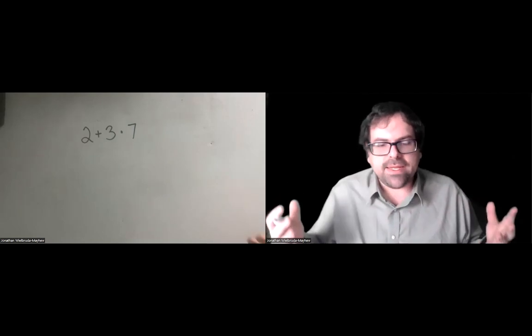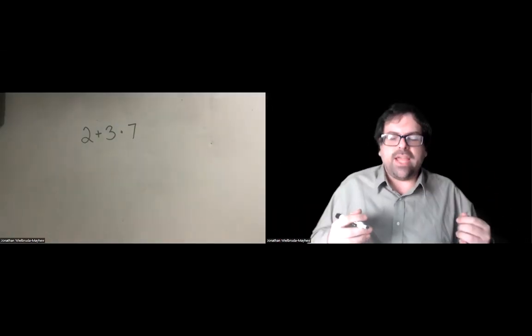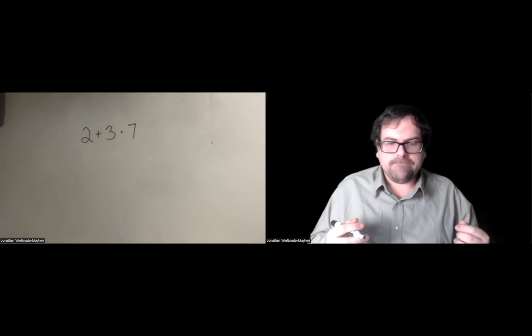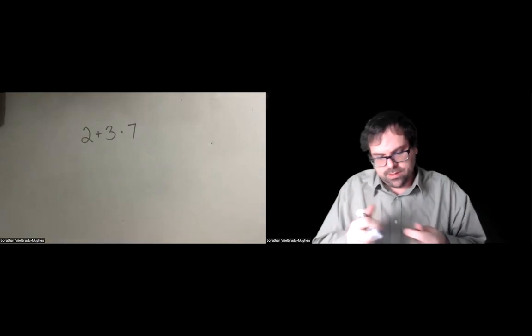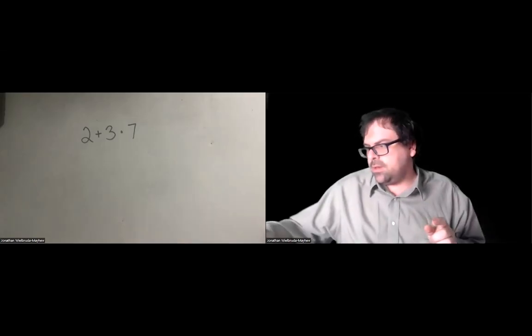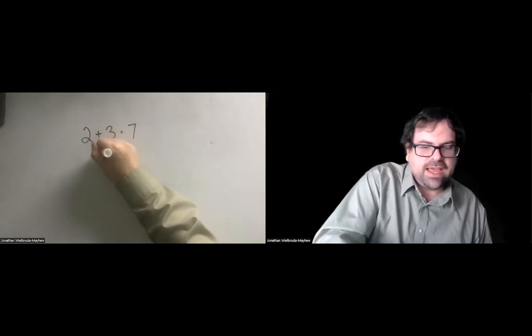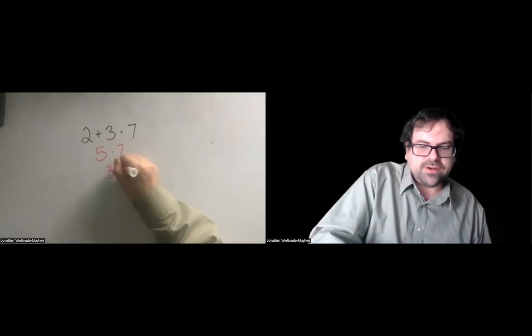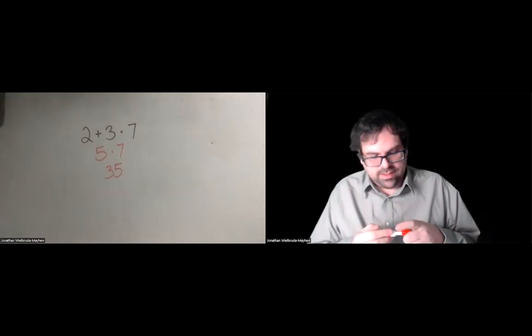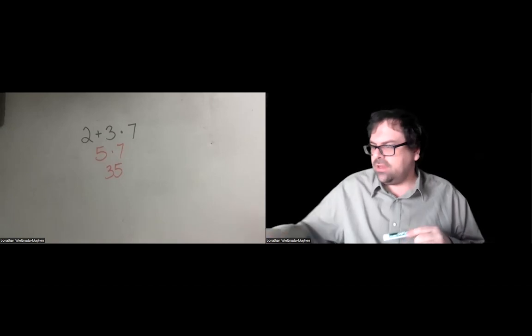Well, it depends on what you do first, the answer you get. If we go from left to right, 2 plus 3 is 5. 5 times 7 is 35. I put that in red. That should be a red flag.